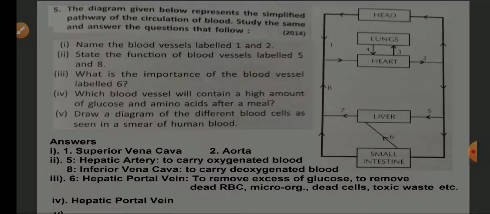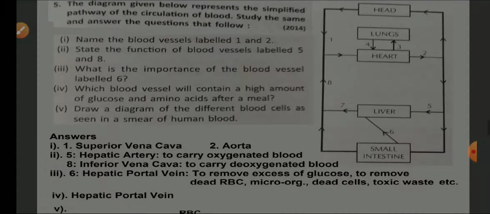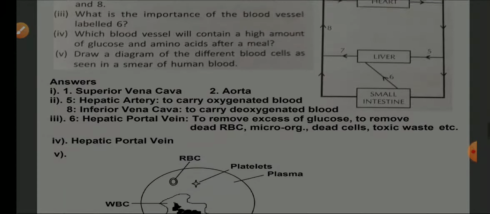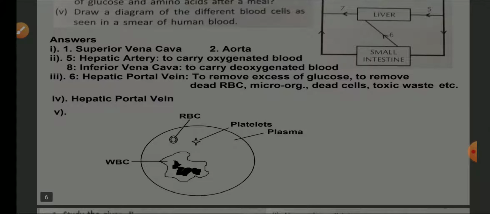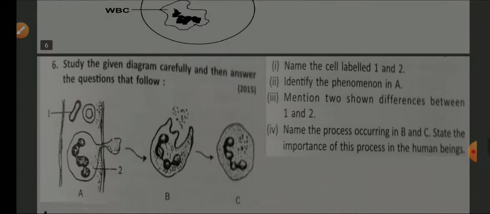Number 6 is between the small intestine and liver and it removes excess glucose, dead RBCs, microorganisms and toxic nitrogenous waste materials. The blood vessel which contains a high amount of glucose and amino acids after a meal is the hepatic portal vein, and we have to draw the diagram showing blood cells in the blood smear. So RBC, platelets, WBC and plasma. Let us move on to question number 6.